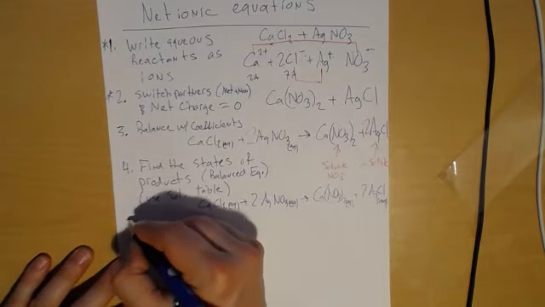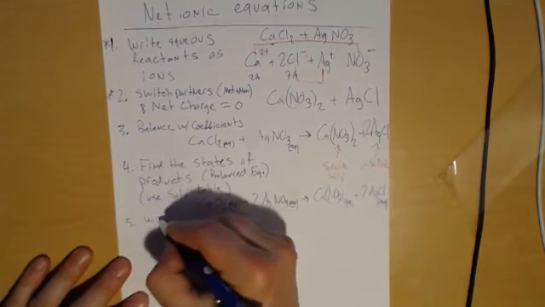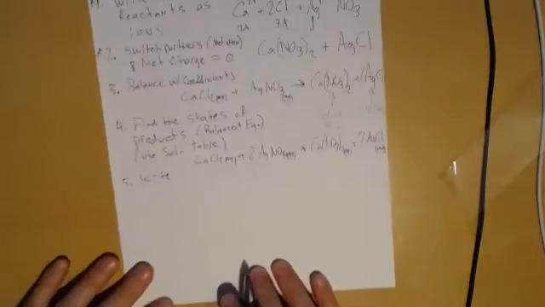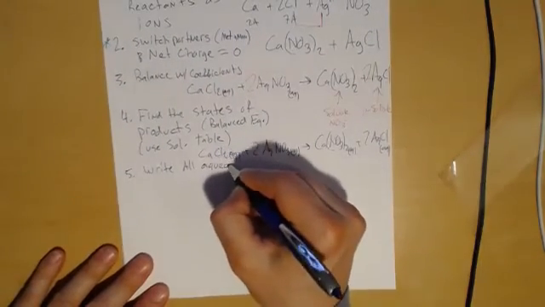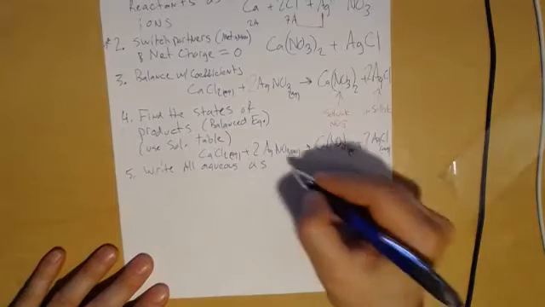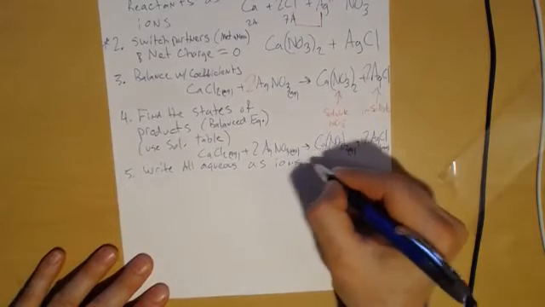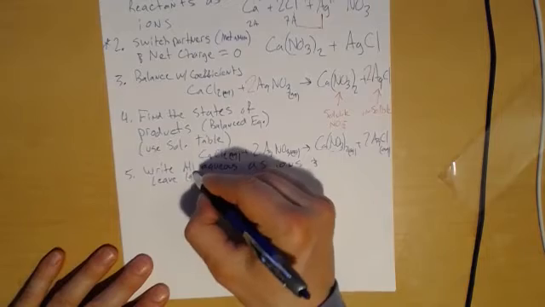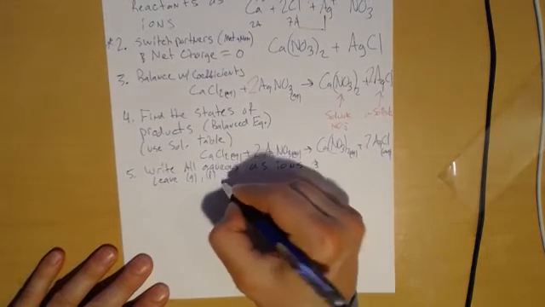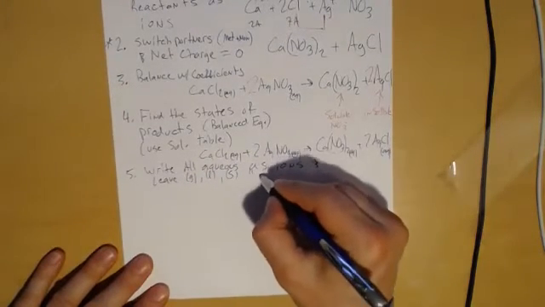Okay, then step 5 is write all aqueous as ions and leave gas, liquid, solid, quote, as is.